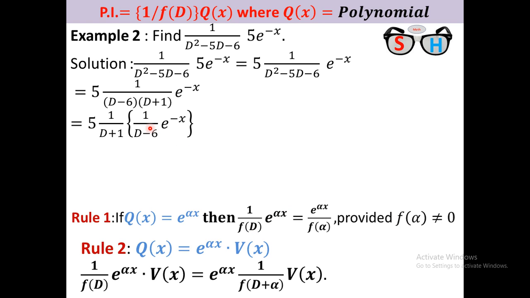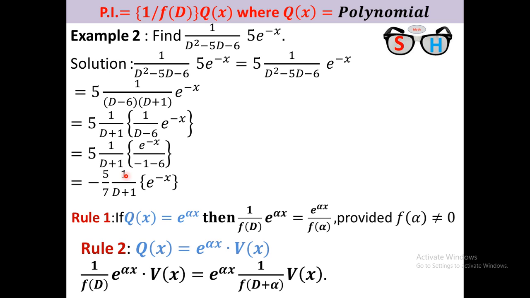Then what will you get? In the place of D you have to put -1. Therefore minus 5 by 7, 1 by D plus 1 of e to the minus x.